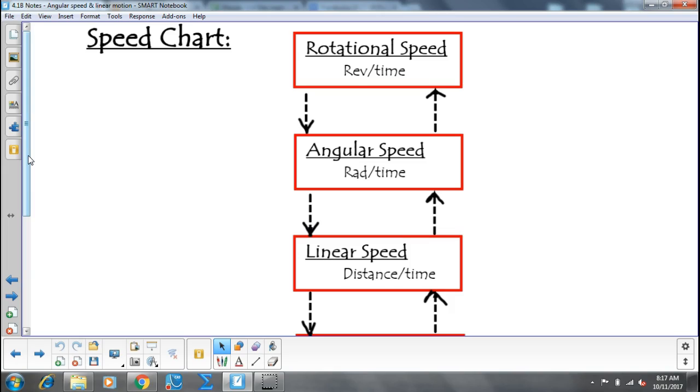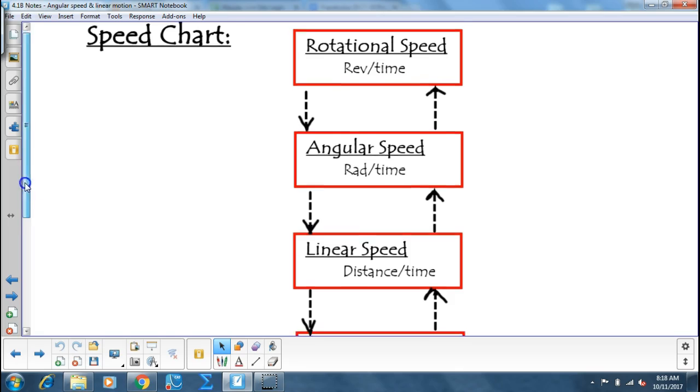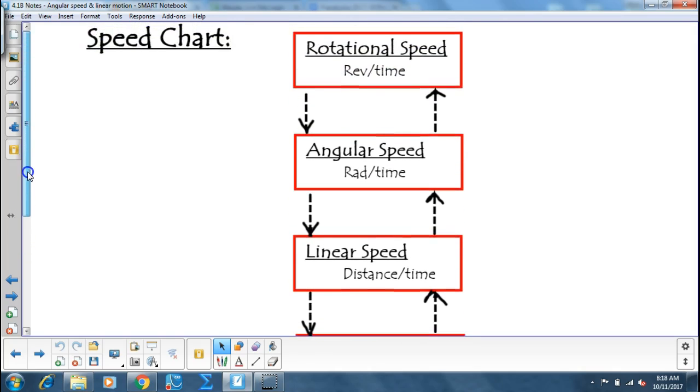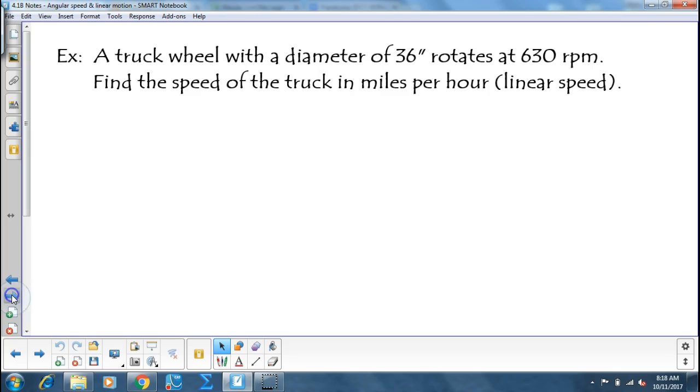If you could somehow drip paint onto your wheel, you would leave a paint line along the road. That's a distance. So we can find that linear speed, and then convert that linear speed into a distance. Very important stuff going on there.